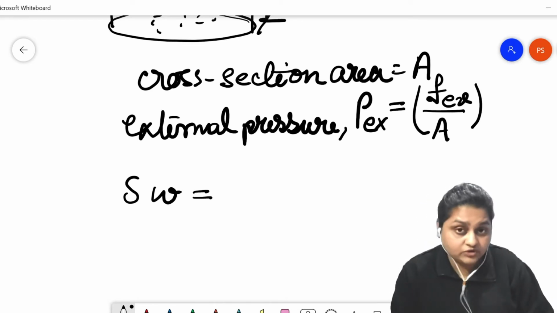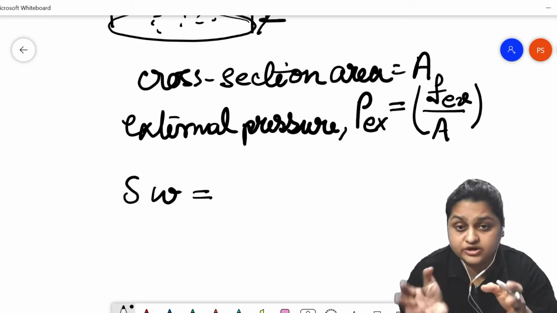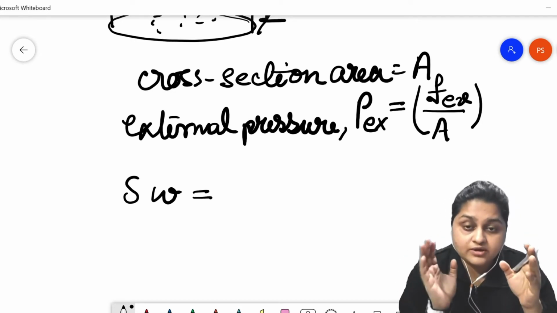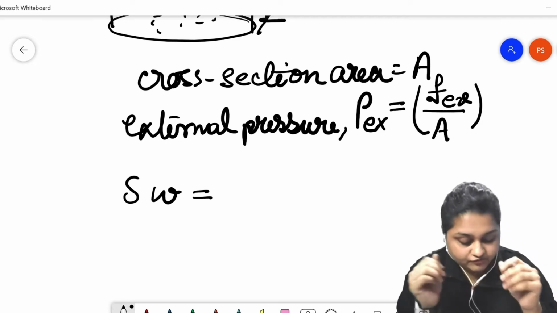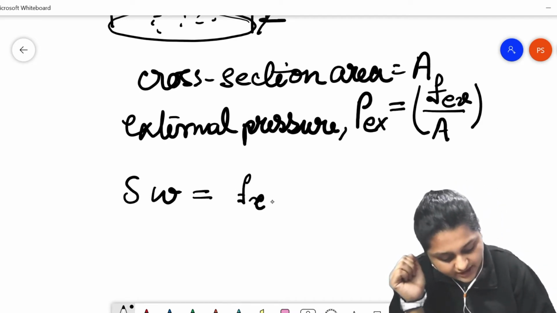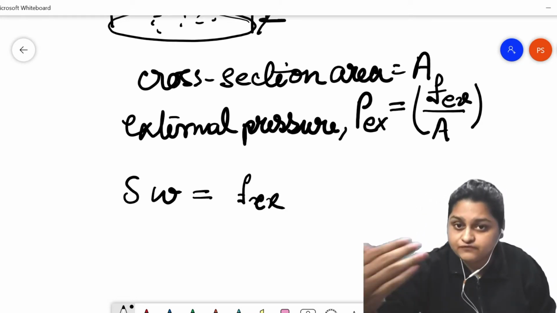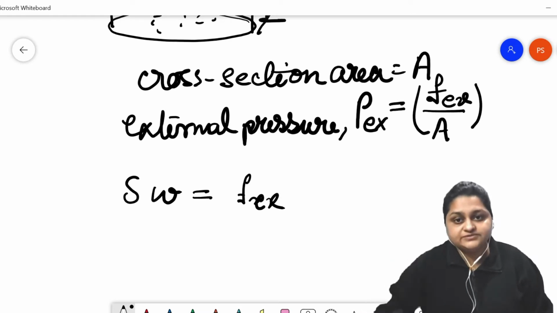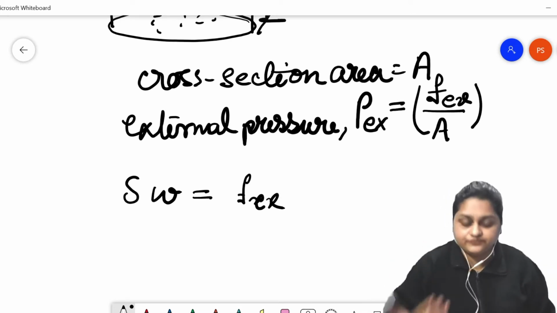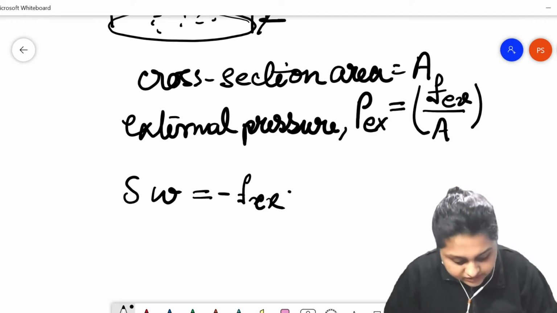Now we know that by definition the expression of work is work equals force multiplied by distance. Now force is the Fex amount of force, and the work has been done against this force. The displacement has occurred against this force, so a negative sign is going to be in front of the displacement.